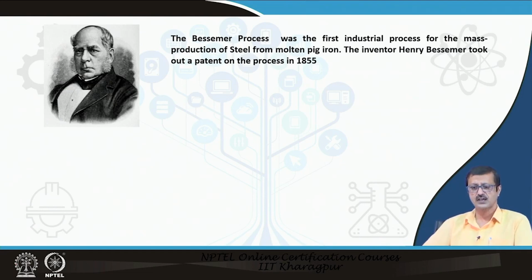This process was invented by Henry Bessemer in 1855, and he patented it. In this process you can manufacture steel from pig iron, and industrial production became possible after this invention.